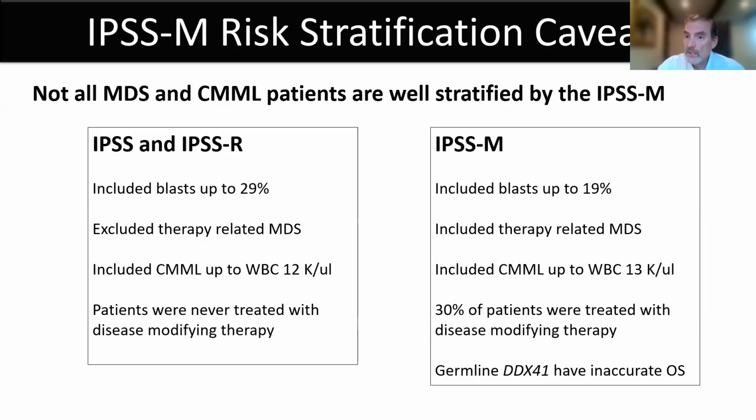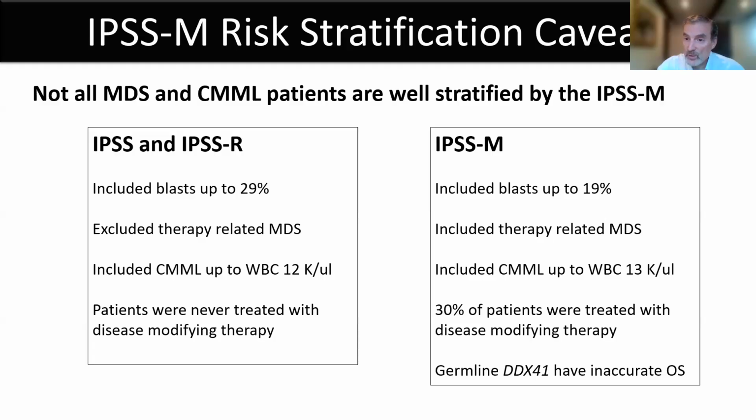For example, patients who have an MDS-related condition called chronic myelomonocytic leukemia, or CMML, who have a really high white count, those patients don't perform very well on the IPSS-M. There are other dedicated scoring systems that are more appropriate for those patients.